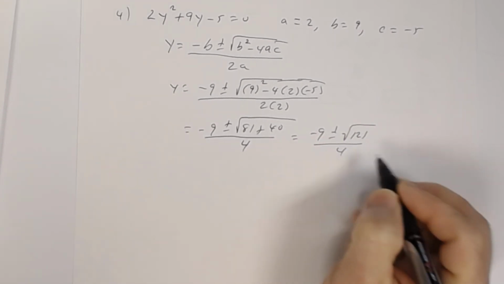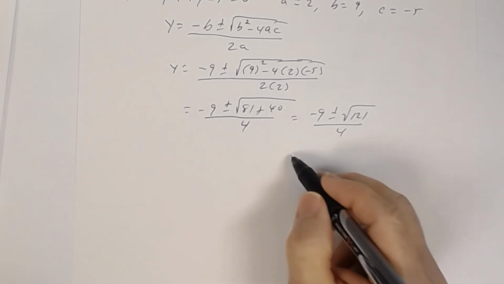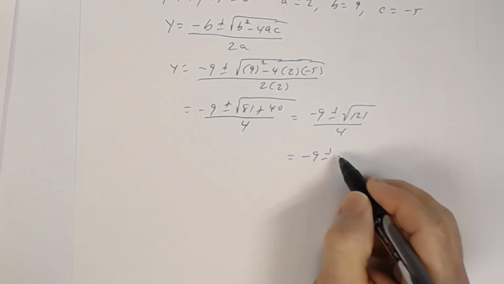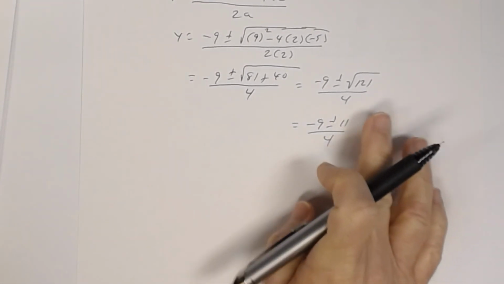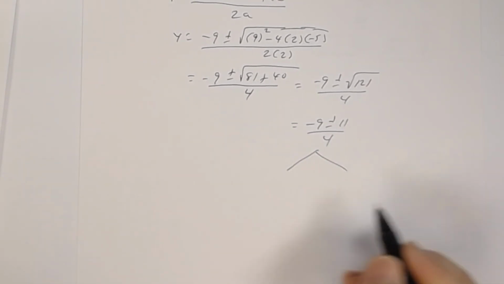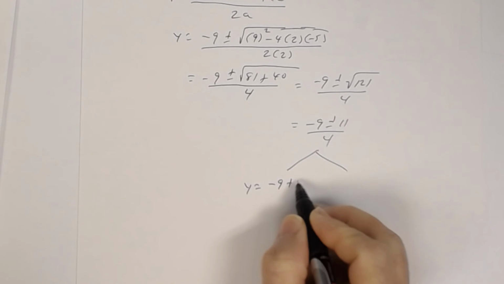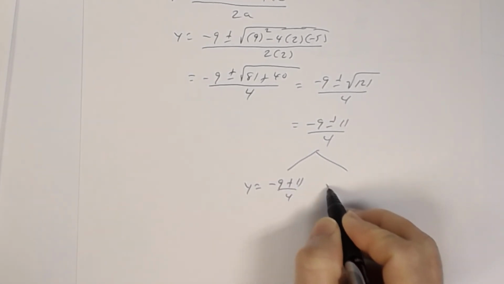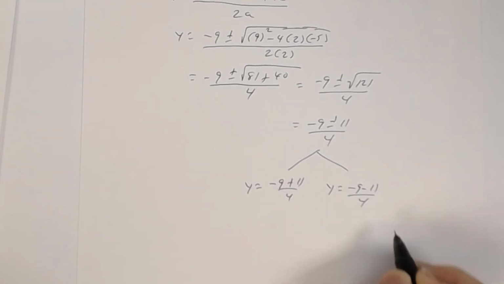All right, and so we get negative 9 plus or minus the square root of 121 again, divided by 4. And 121 is a perfect square, so that becomes negative 9 plus or minus 11 divided by 4. And so since 121 is a perfect square, I'm going to get two rational solutions, so we're going to split it apart. So y equals negative 9 plus 11 divided by 4, and then y equals negative 9 minus 11 divided by 4.